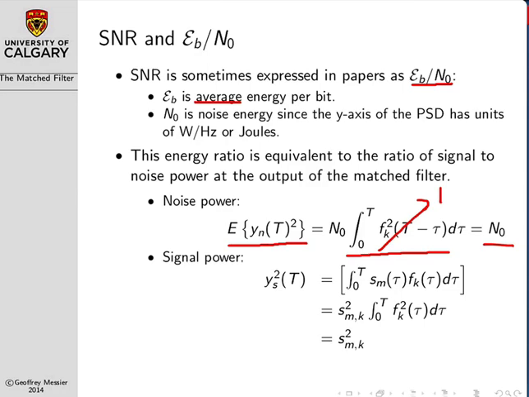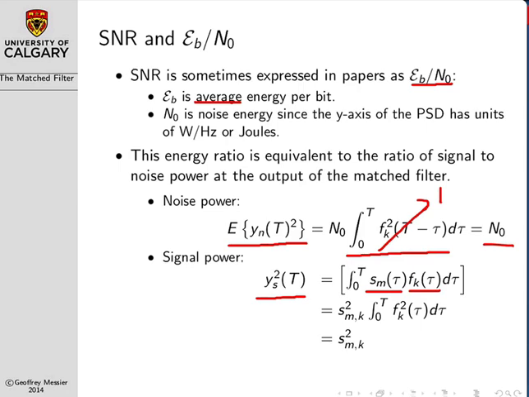Signal power we defined, again when we were assuming the signal was deterministic, as the square of the desired signal component, which is just equal to the convolution of the received signal with the basis function of our matched filter.